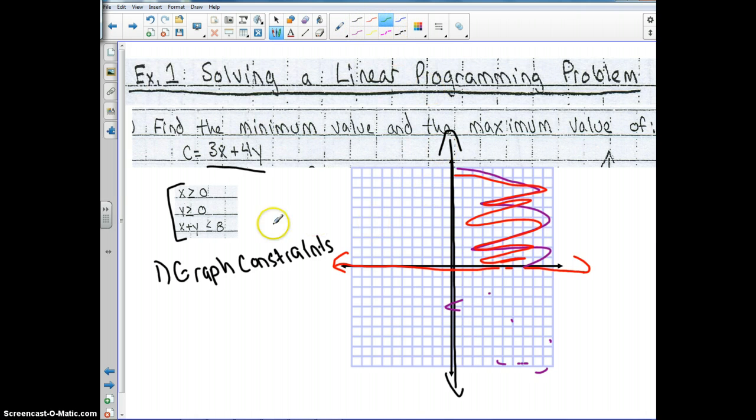The next one I want to graph is x plus y is less than or equal to 8. My x-intercept is 8, so I go 1, 2, 3, 4, 5, 6, 7, 8. And my y-intercept is 8, so 1, 2, 3, 4, 5, 6, 7, 8.